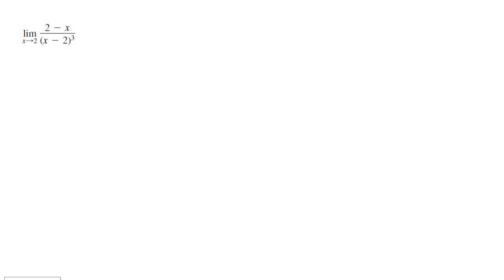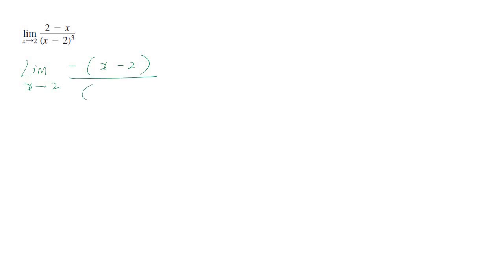And in this equation we say as x tends to 2, 2 minus x over x minus 2 squared. So if you substitute x equals 2 here, we get a 0, and I don't think we can get away with that. So let's see, limit as x tends to 2, and we can take a negative sign here and make it x minus 2, so that we can cross off at least one term.